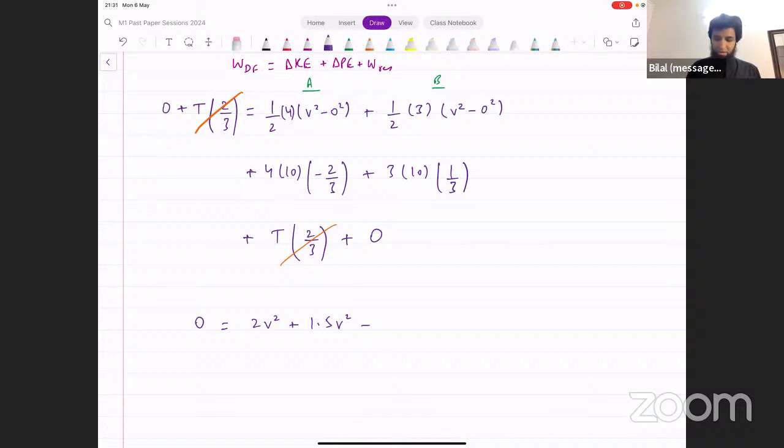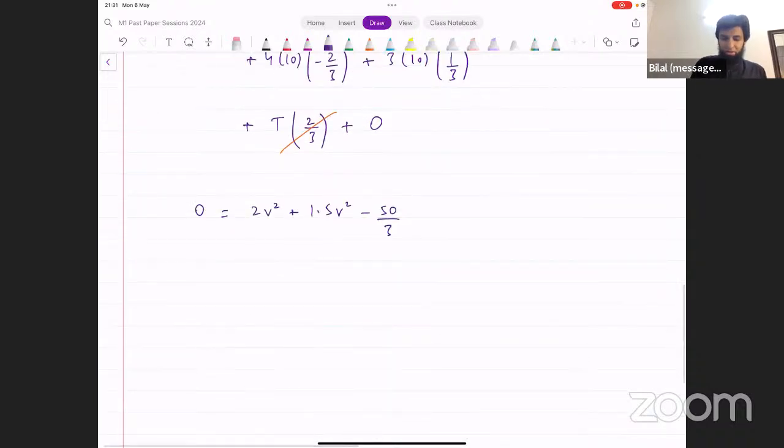That's giving me minus 50/3. So this should be 50 over 3 equal to 3.5 V squared. Let's see what we get from this.